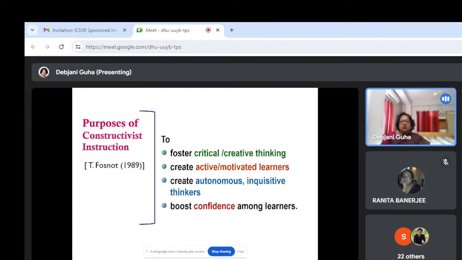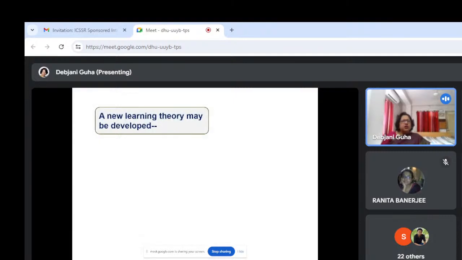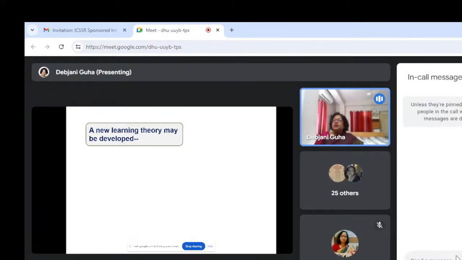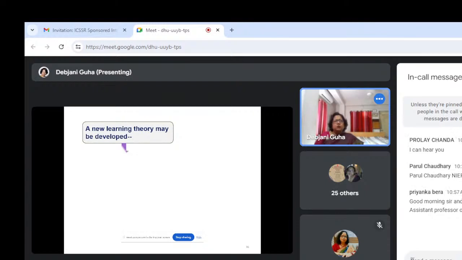basically, I want to suggest that a new learning theory may be developed for the 21st century, a technology-oriented education theory. What I want to say is that there is a new dimension which may successfully implement the use of artificial intelligence.